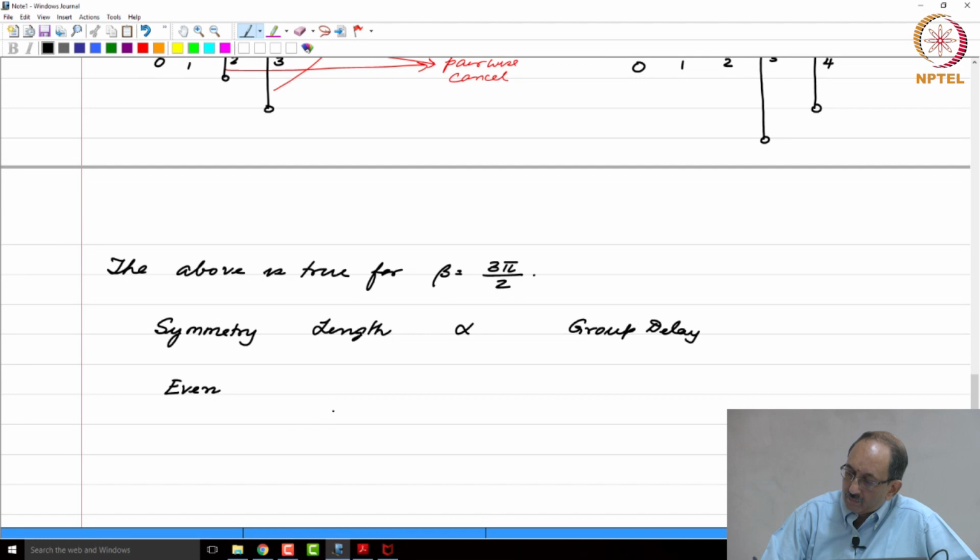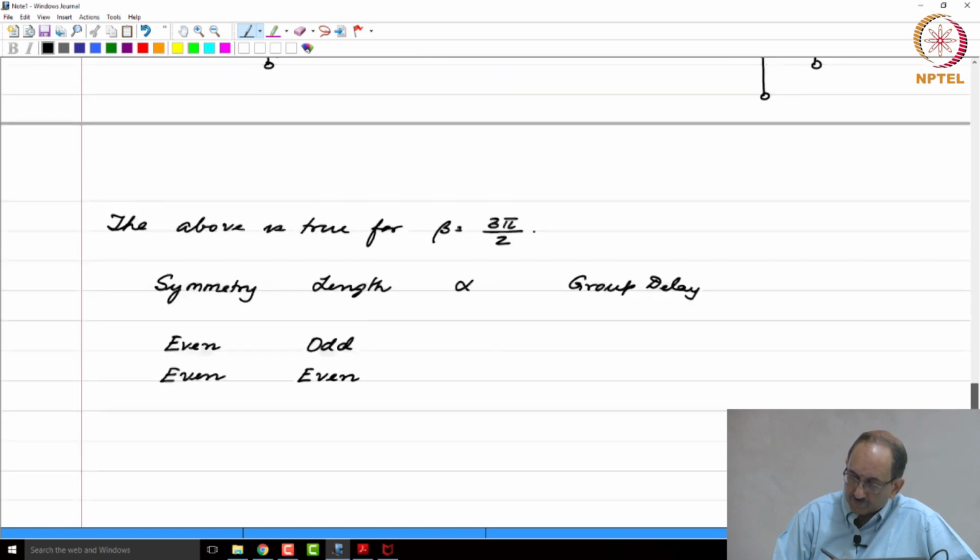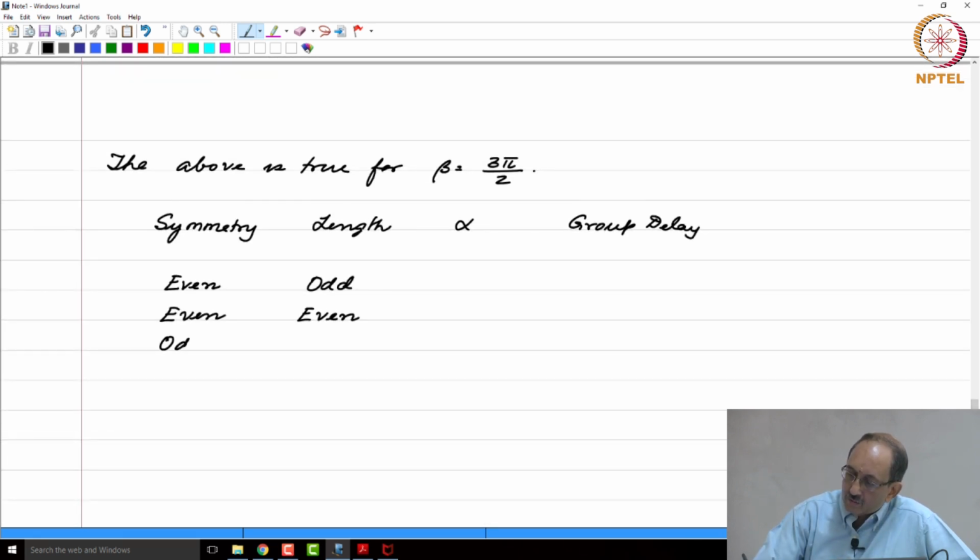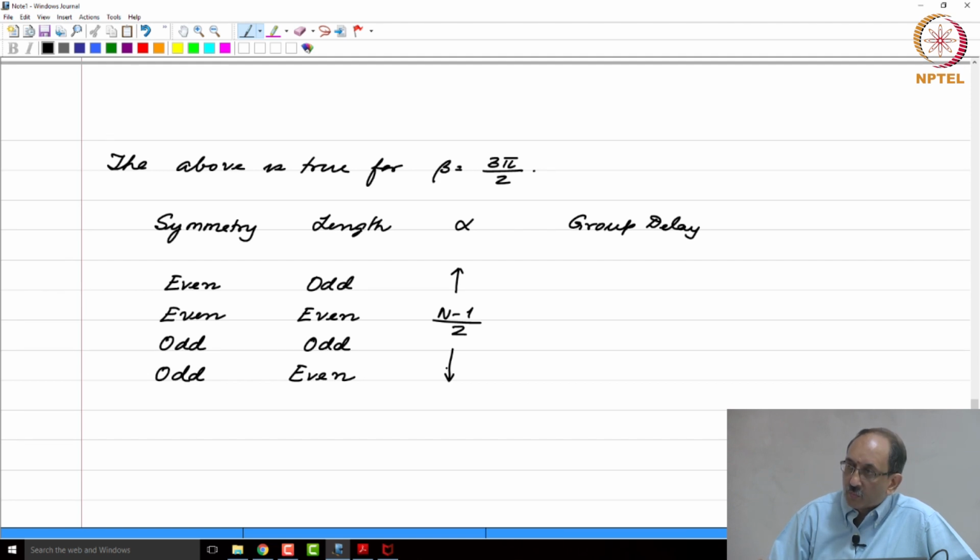So, symmetry is even, length can either be odd or length can be even. The other case was symmetry can be odd, length can be odd. Symmetry is once again odd, but the length is now even. In all these cases, the group delay is n minus 1 by 2.